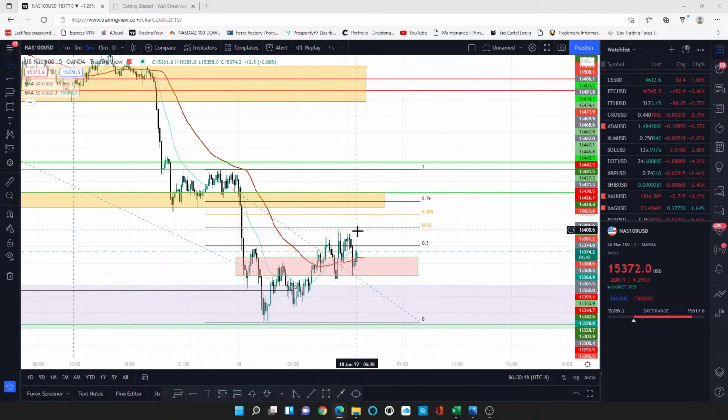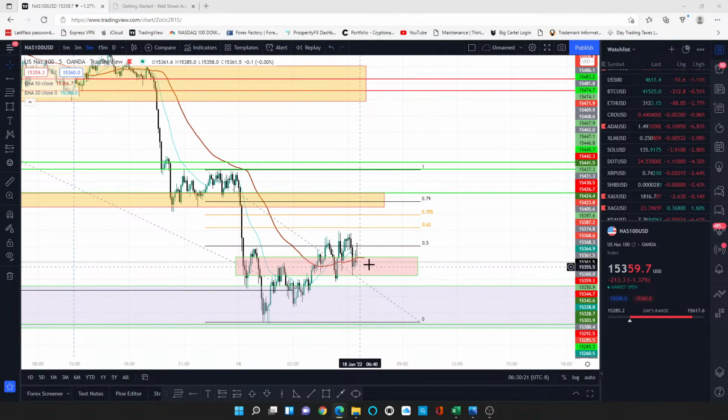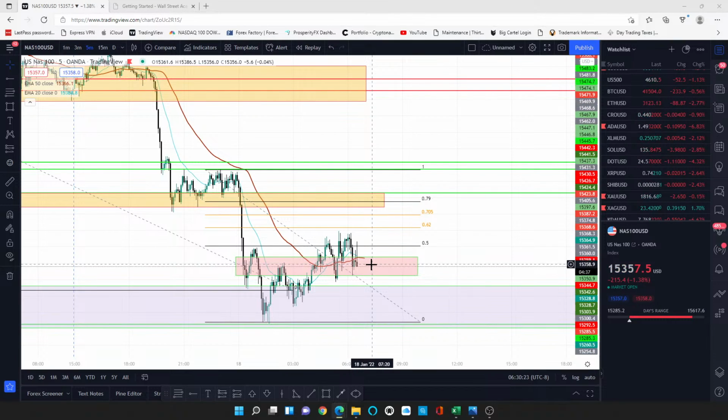So let's see if it pushes above now or if it stays below. Okay, I like that. I'm gonna put a little sell in. Little sell in here. And let's see how we do it. Let's see. I haven't put it in yet, but let me see. It looks good though.